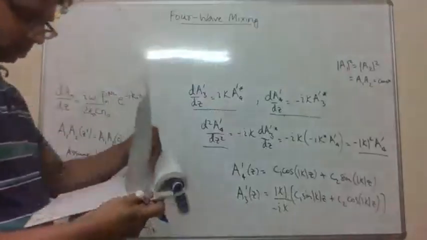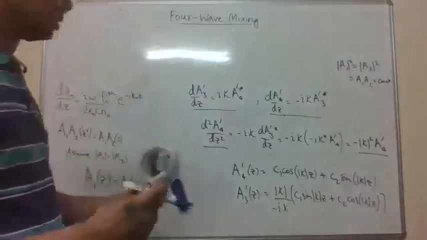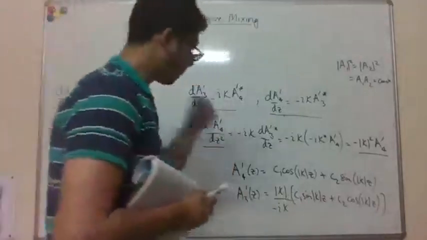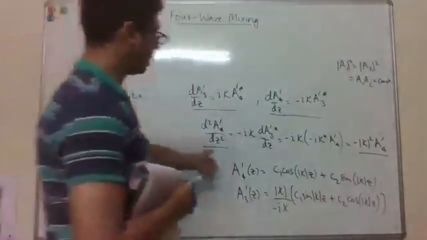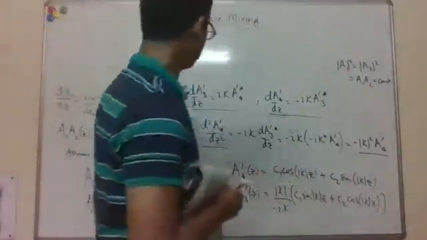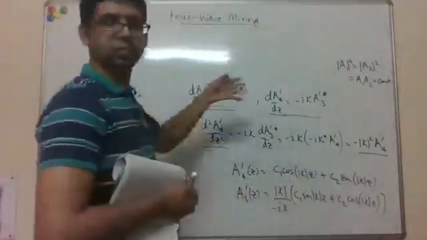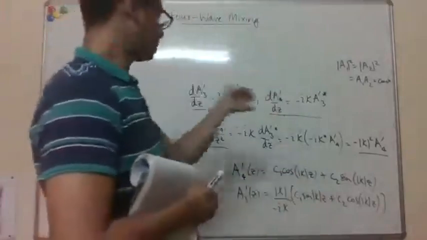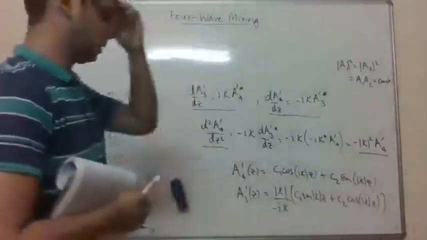So we are past 5 o'clock, so maybe we'll continue from here next time. Okay, so basically what remains to be done is find these constants, then find the solution for A3 and A4, right? So A3 is the input signal and A4 is the reflected conjugate.